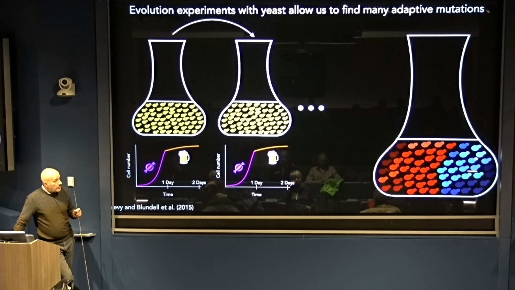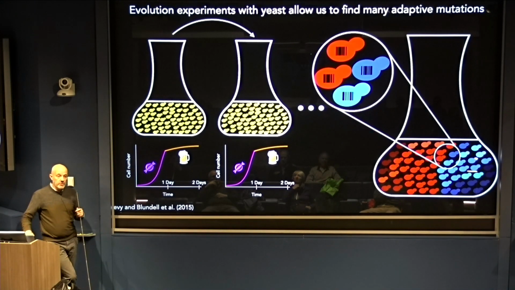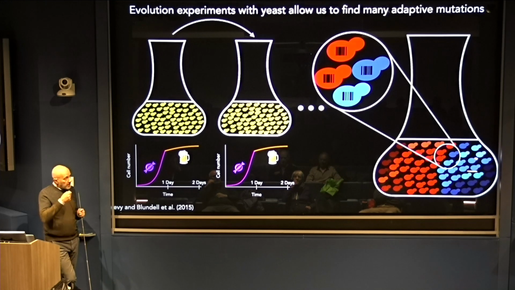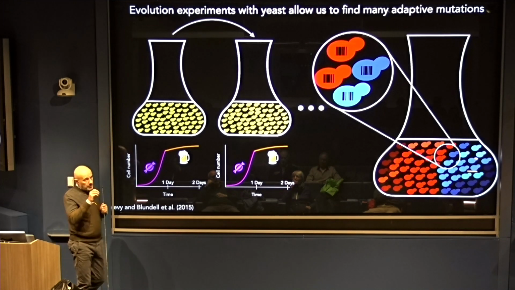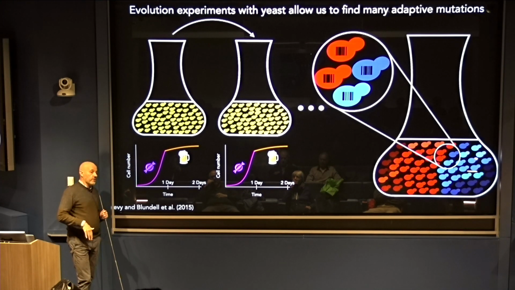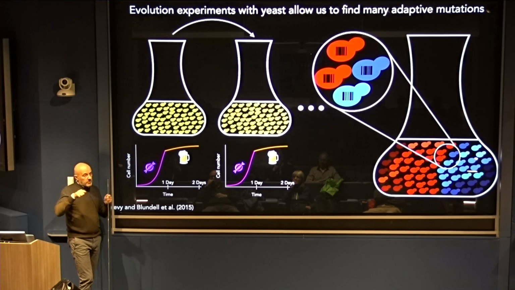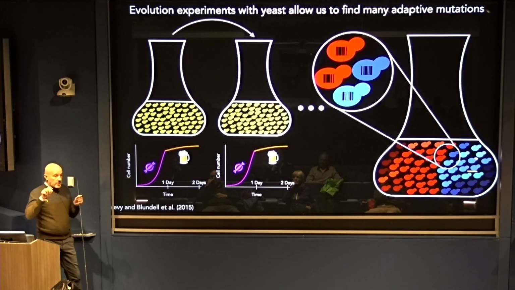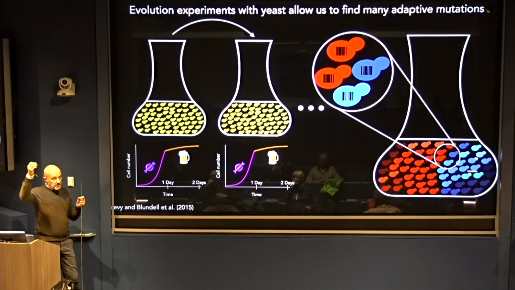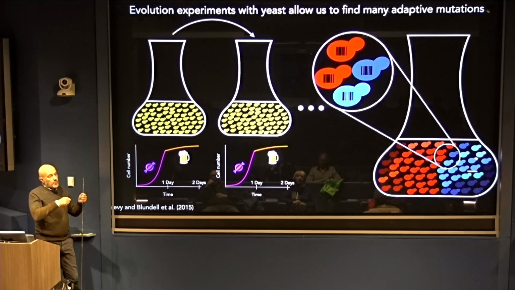In order for us to follow what happens, we need to follow individual lineages. Mutations will happen somewhere in the genome, but the way the system works is that we introduce into the genome a very large number of unique DNA barcodes. Because there's no recombination in the system, a mutation that happens anywhere in the genome, if it gives an advantage and starts increasing in frequency in the population, drags with it the particular piece of DNA.